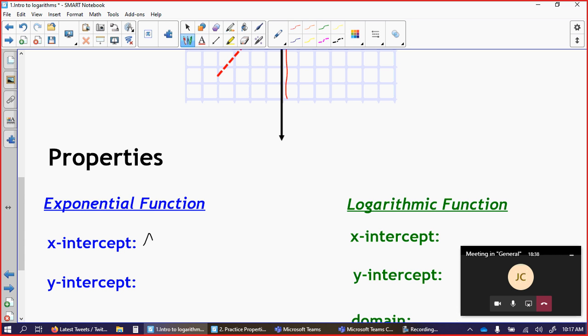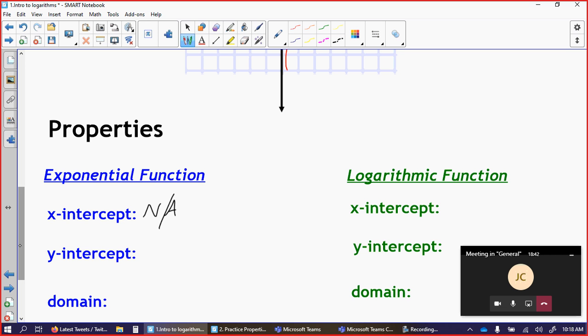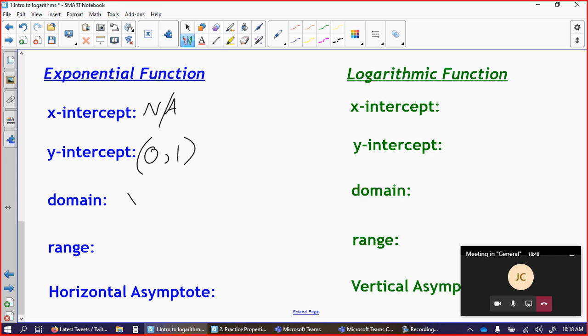The y-intercept is 0 and 1. The domain was x is contained in the reals because we can have any numbers. The range is y is bigger than 0. So for the inverse, we're interchanging our x's and y's.